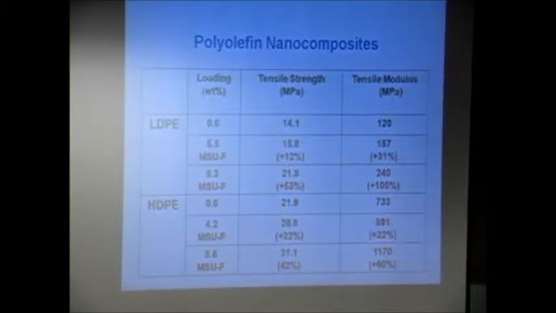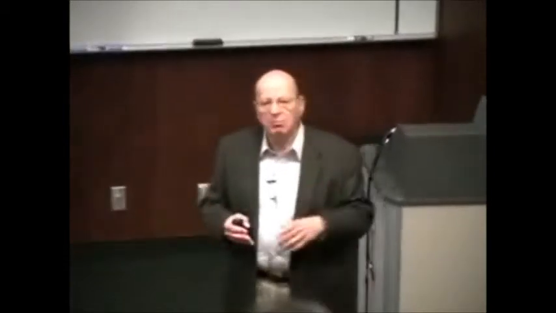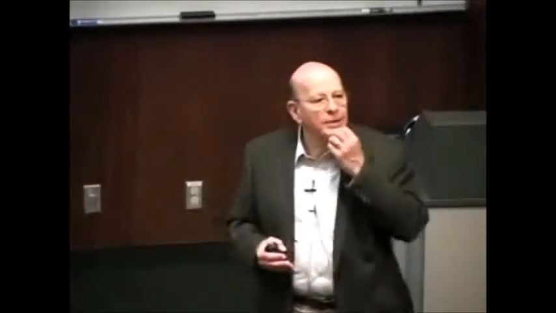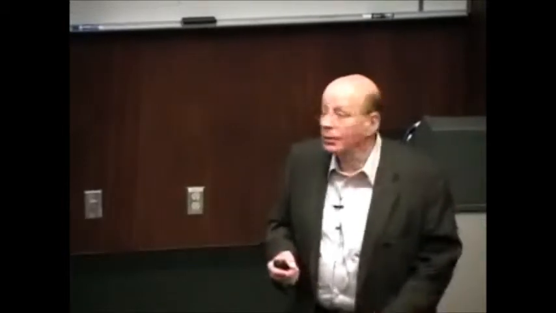So it's actually very difficult to improve both the stiffness of a polymer or plastic as well as its strength with one additive. Typically, you could always improve the stiffness by almost putting any particle in a plastic, calcium carbonate, glass fibers, whatever. But to improve both the stiffness and the strength is unusual. It's not an easy thing to do.